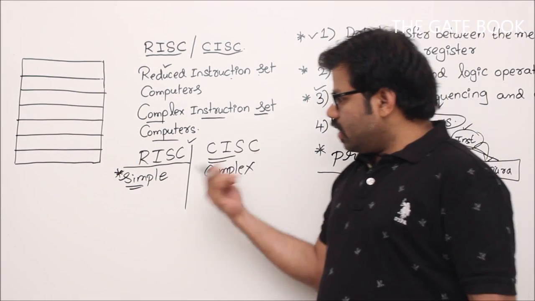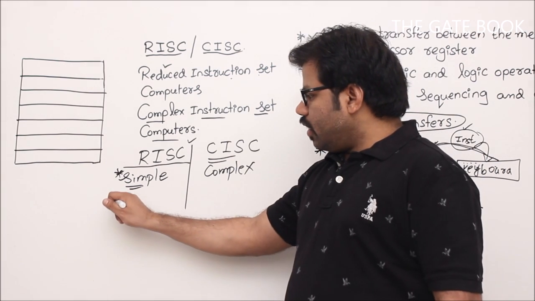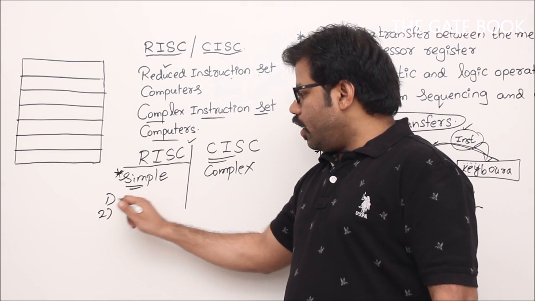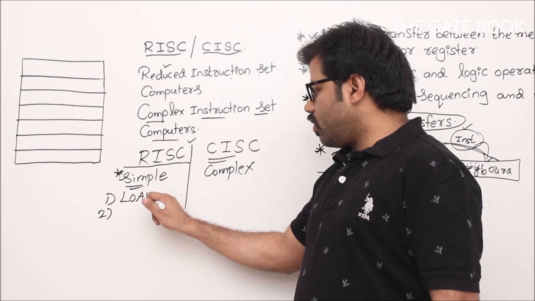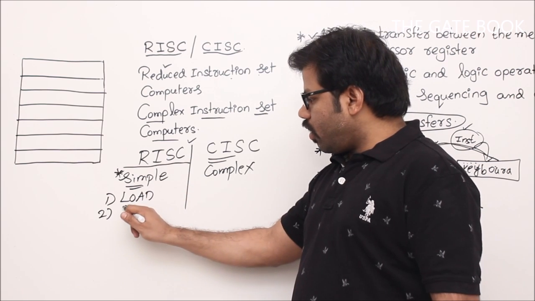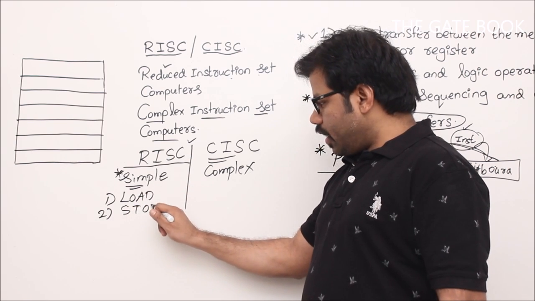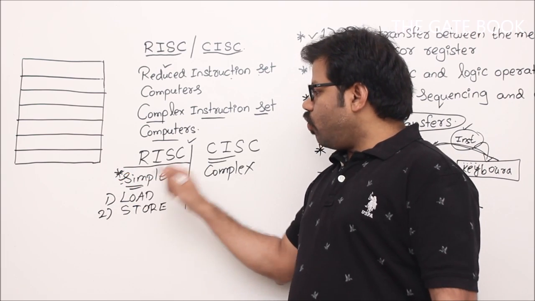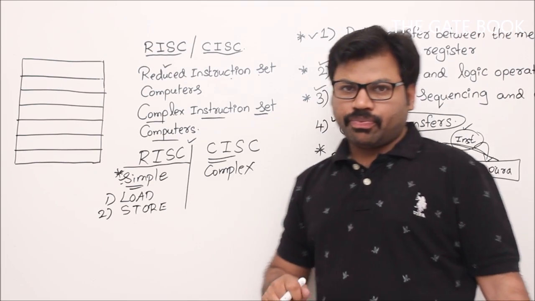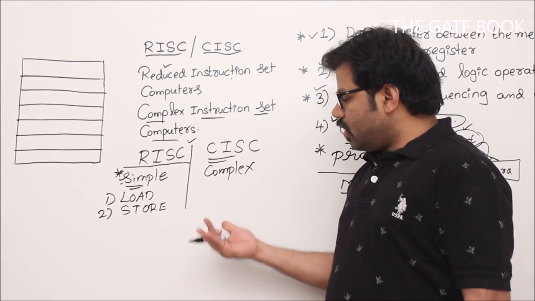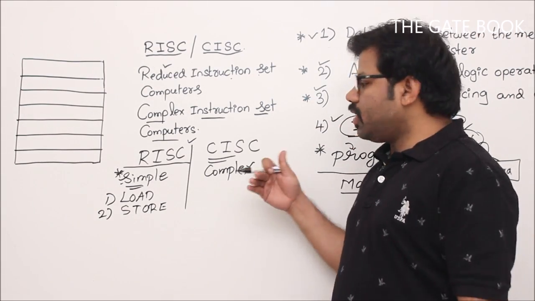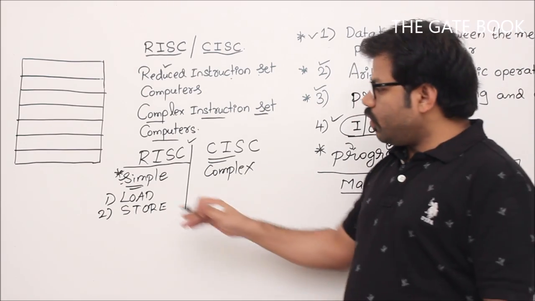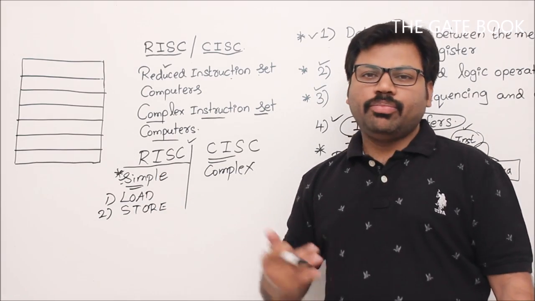Whenever I say the instruction set is simple, it follows generally a load store architecture. RISC computers generally follow load store architecture. Slowly you will understand how it becomes simple. First of all, try to understand the properties of RISC machines, so that you can understand that they have simple architecture.